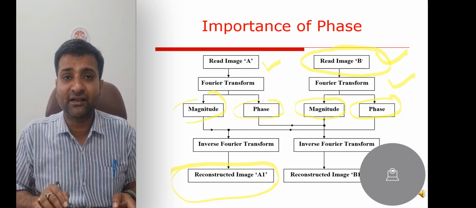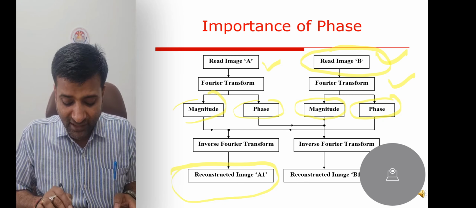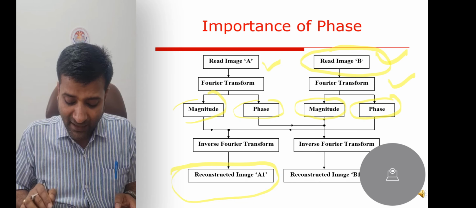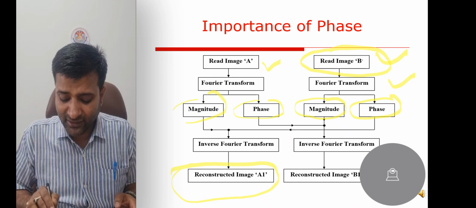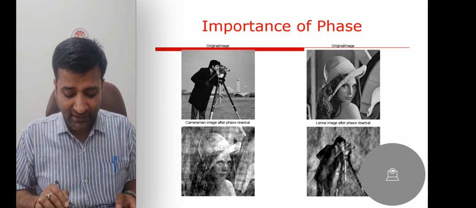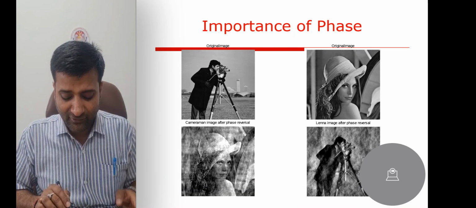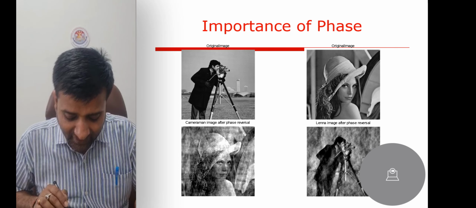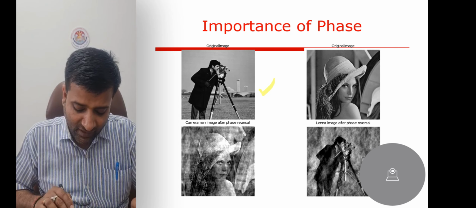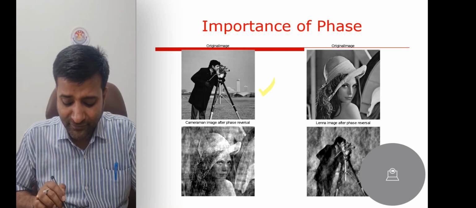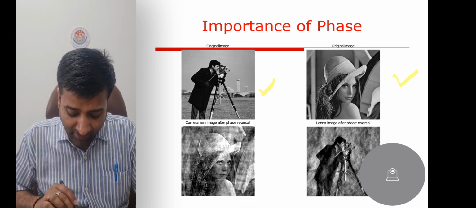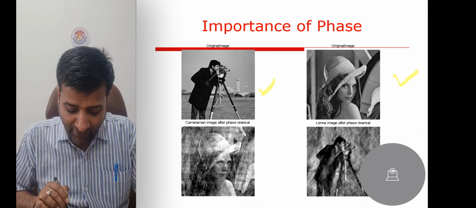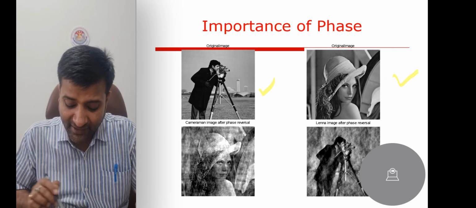In this pictorial example, the first image is the cameraman image, and the second image is the Lena image, denoted as B. After phase reversal of the cameraman image, some features of the Lena image are obtained.